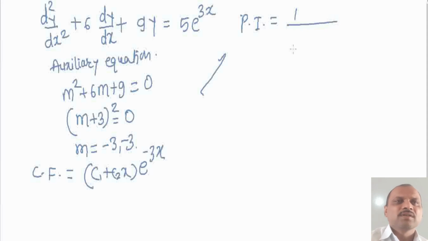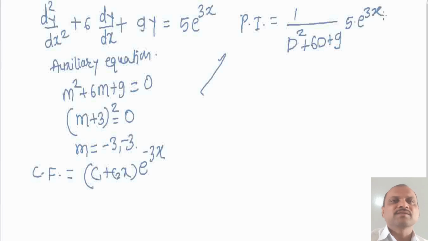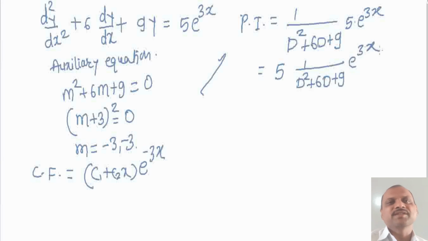Now the particular integral equals 1 divided by, we write in terms of D, the operator for the particular integral: 1 divided by D square plus 6D plus 9 into 5 e raised to 3x. 5 is a constant, therefore we write this as 5 into 1 divided by D square plus 6D plus 9 e raised to 3x.